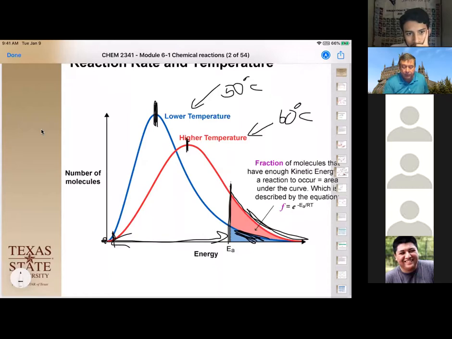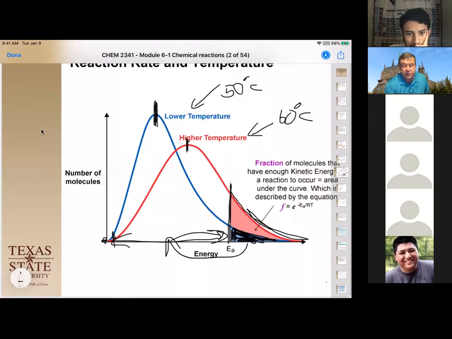Okay, but this little portion here, if we integrated the area under the curve here, that little portion of the molecules have enough energy to react, and therefore they do react, okay? And if the reaction's exothermic, their heat is then given back to the system, and more molecules go above that barrier, and then so it keeps going until all of your reactants have gone to products.